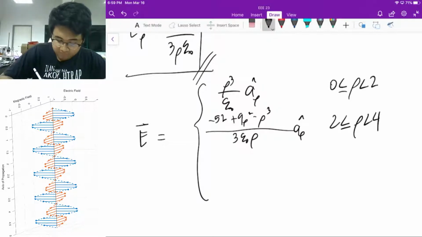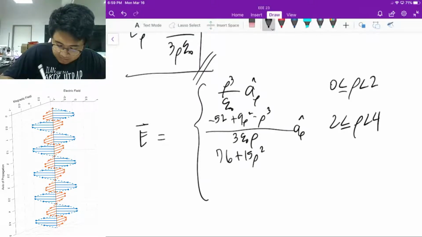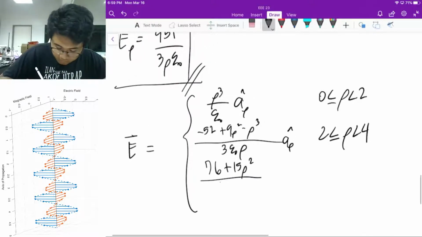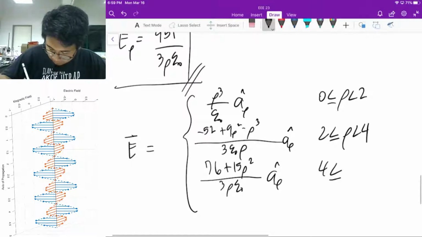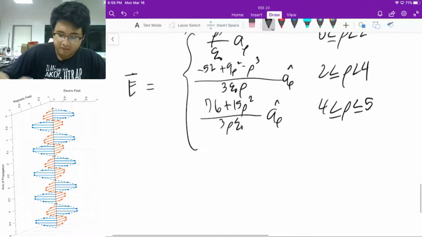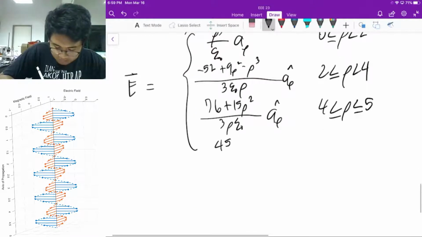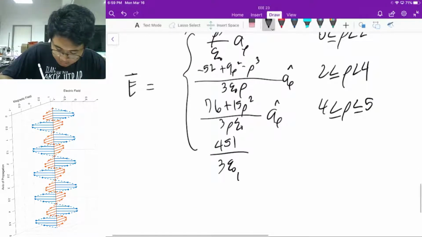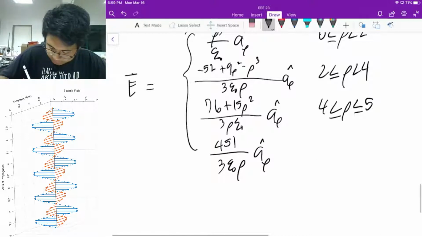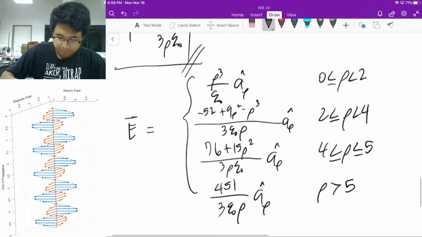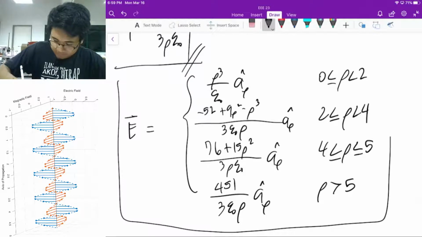Second to the last one, 76 plus 15 rho squared over 3 rho epsilon 0 a rho hat. This is from 4 to 5. And finally, this is now your electric field function.